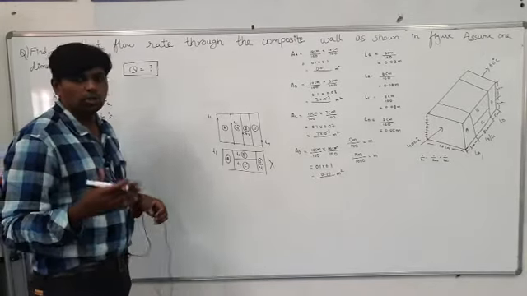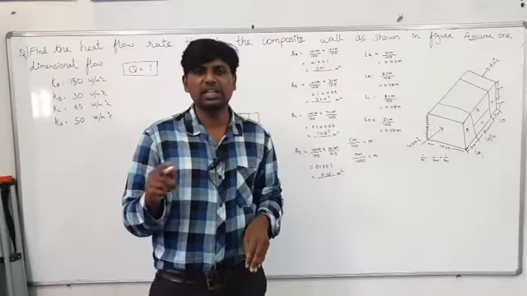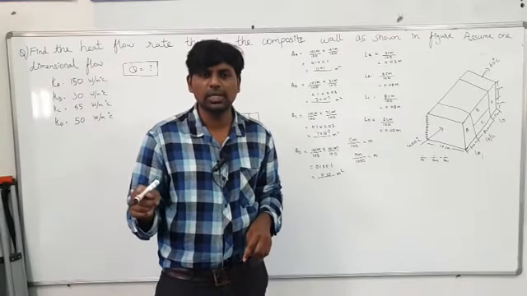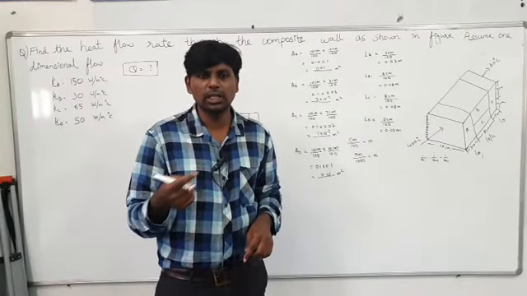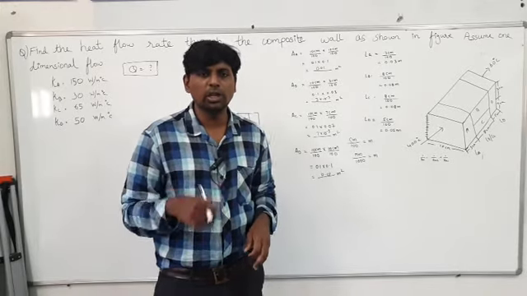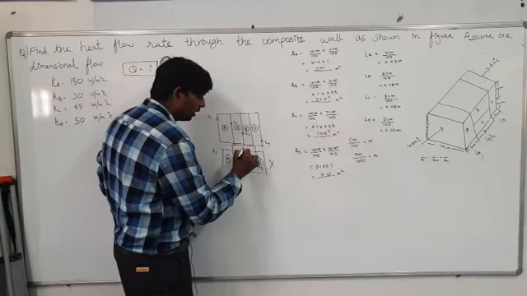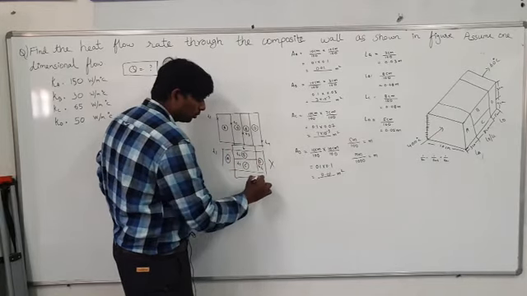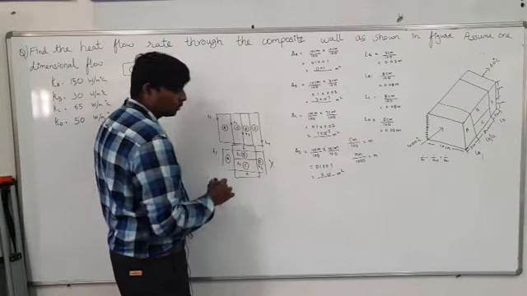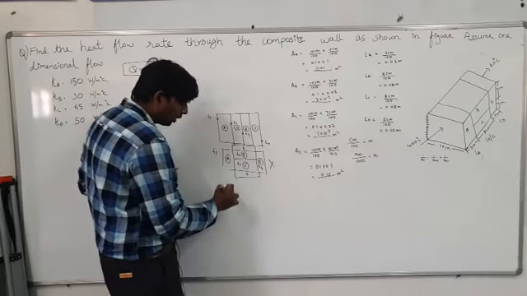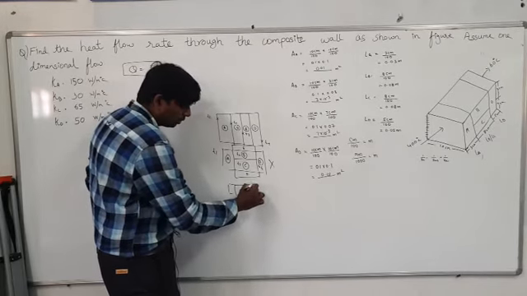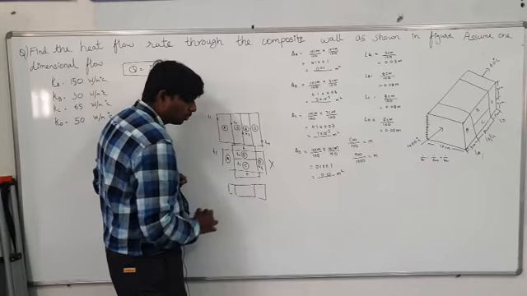I will tell you. In your basic electronics, you solved series connections and parallel connections. That concept you have to apply here. First you have to convert. Suppose one more component, E, is there; this also you have to convert. This is component 1, this is component 2, and this is component 3.